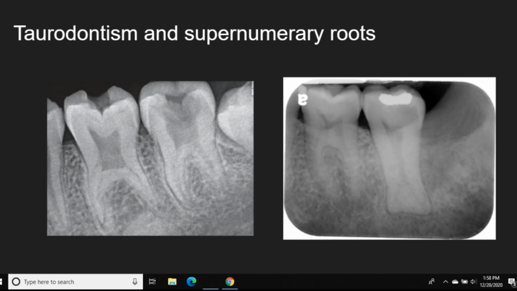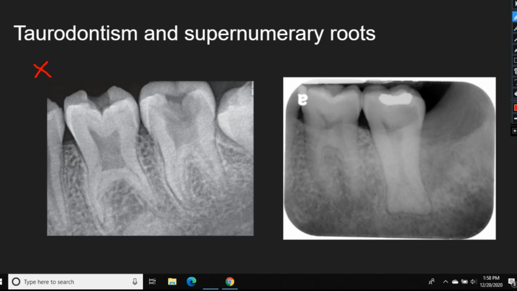For this slide, we have two conditions, and the first one is called taurodontism, and that is going to be the first slide here. And this is a condition that affects mostly the molar teeth, and it's where what they're calling the body of the tooth and the pulp chamber is enlarged.